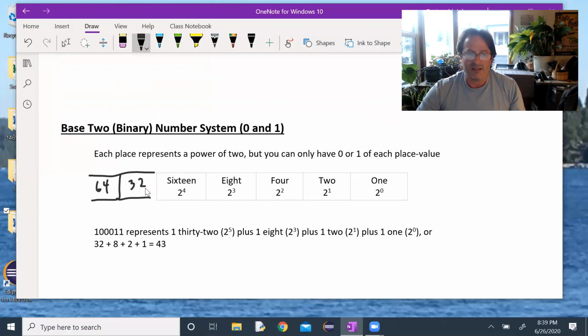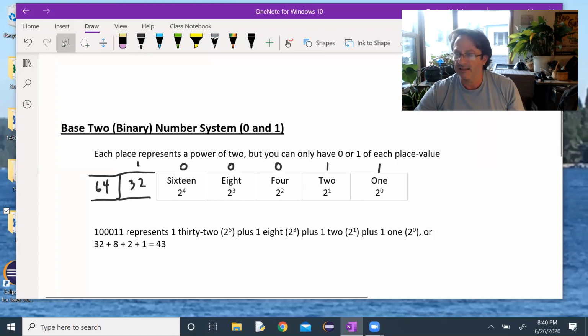So if we look at 1, 0, 0, 0, 1, 1, starting on the left is the easiest place. That number represents 132, which is 2 to the 5th, plus... oh, I forgot the 8. I'm going to change this.